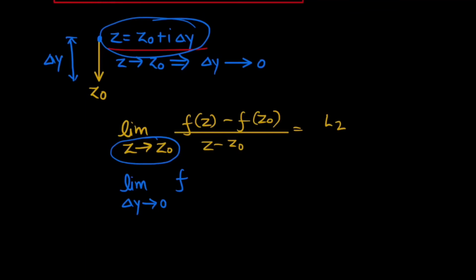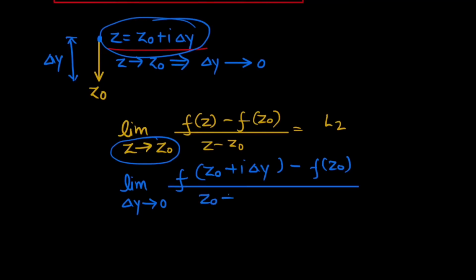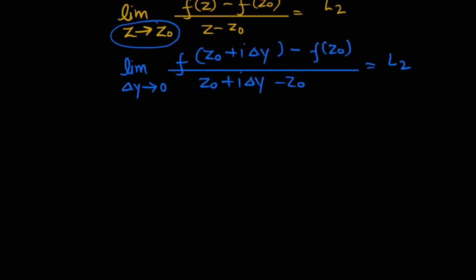Okay, so we have f of z naught plus iota delta y minus f of z naught, and in the denominator we have z, which is z naught plus iota delta y, minus z naught, and this equals L2. Okay, so we have L2 equals limit delta y tending towards 0.